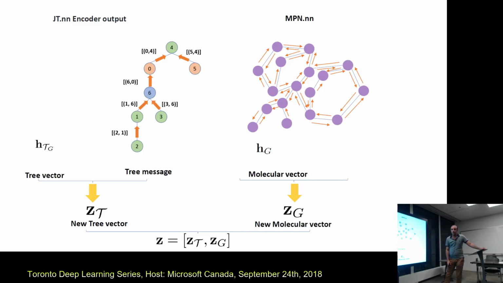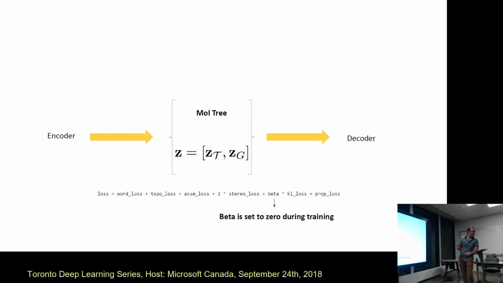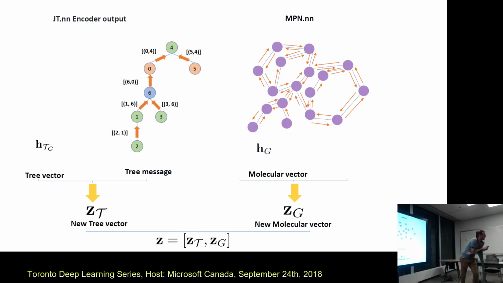Is that the belief? That's both of them, so these two are both beliefs. This tree message is basically the messages for each of the edges. A tensor containing all of the messages. That's correct, bottom up and top down messages.